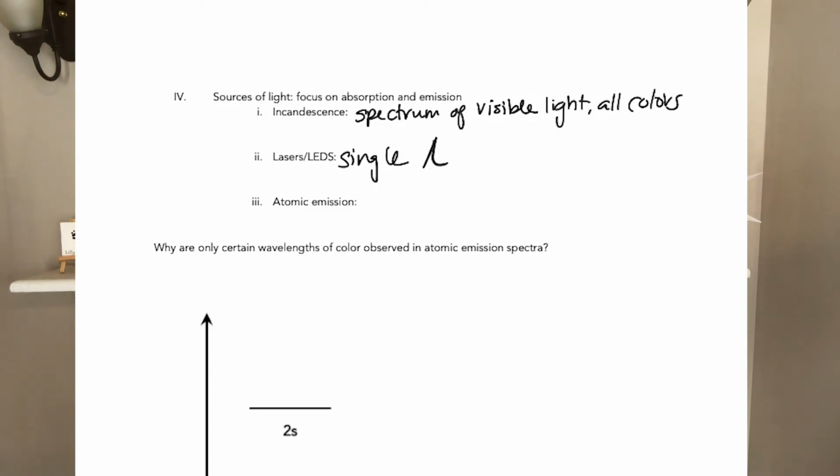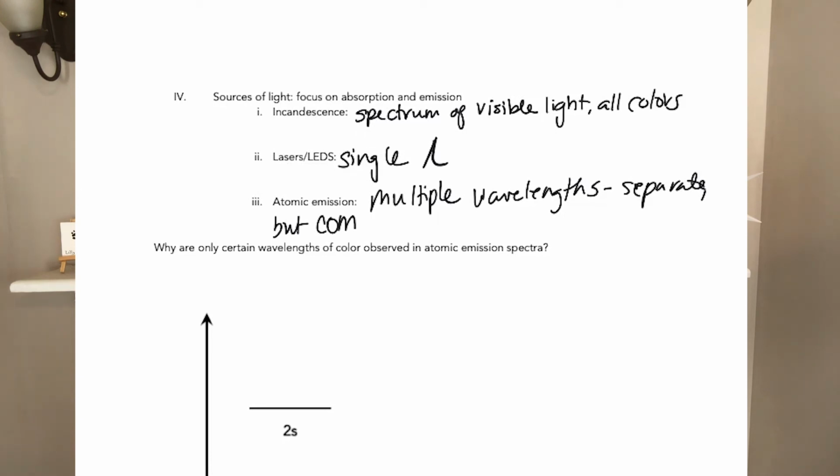Another way of thinking about this is that the substance, or our atom specifically, will reject photons that don't match an energy gap that the electron can take to be promoted to a higher energy. And an atom is going to have multiple of these transitions. And the sum of these photons that are being released from the atom gives a distinctive color that we refer to as atomic emission.